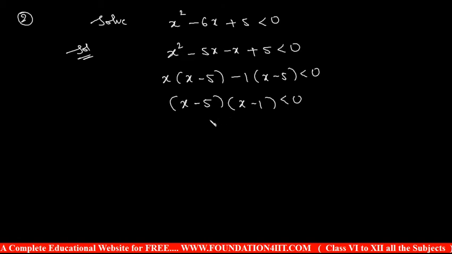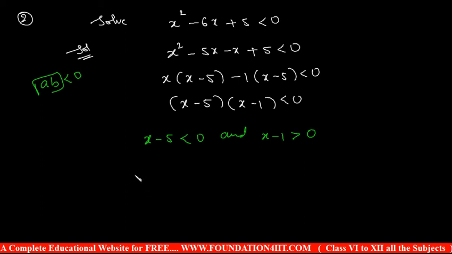So when the product of two values is less than zero, then take the two cases. We already saw if a into b is less than 0, one should be positive and one should be negative. So x minus 5 is less than 0 and x minus 1 must be greater than 0. Okay, this is one.